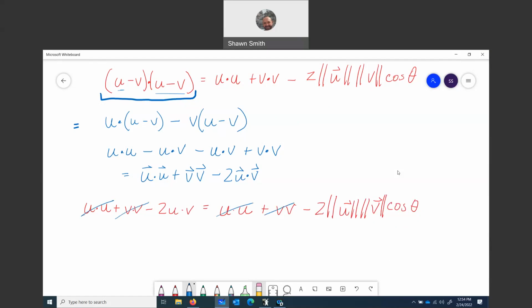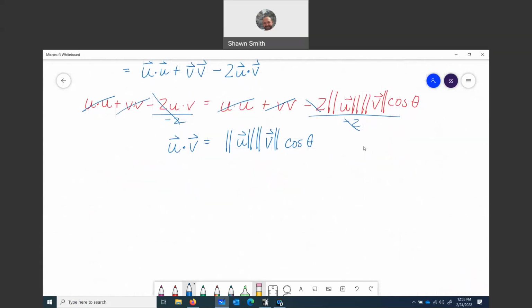V dotted with V cancels out. If I divide everything by negative 2, the negative 2's go away. So we're left with U dotted with V is equal to the magnitude of U multiplied by the magnitude of V times the cosine of theta. Divide by those two magnitudes, and you solve for cosine of theta.